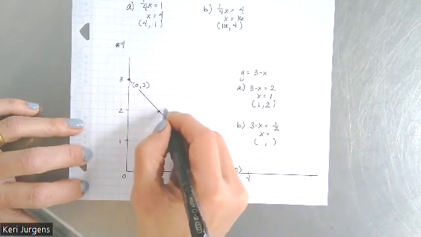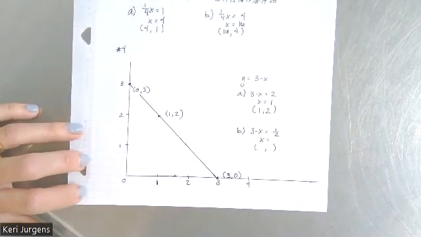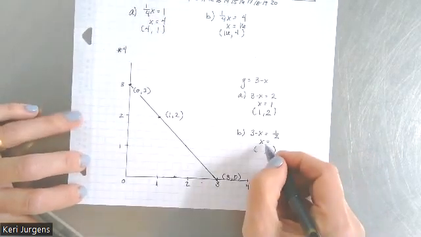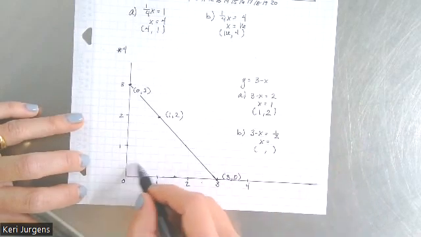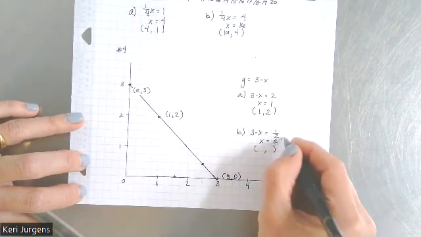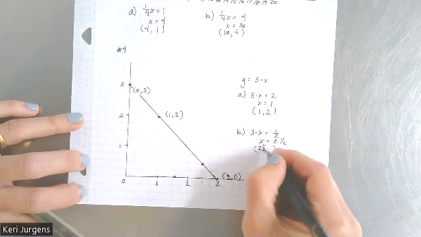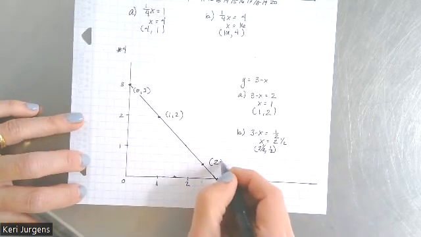Good. X equals 1, y equals 2. And that's right here. All right, Michael, can you do letter B for me? I said x equals 2.5. Then the ordered pair is 2.5 and 1/2. Nice job. X equals 2.5. And we have 2.5 and 1/2. Good job. And that would be right here.